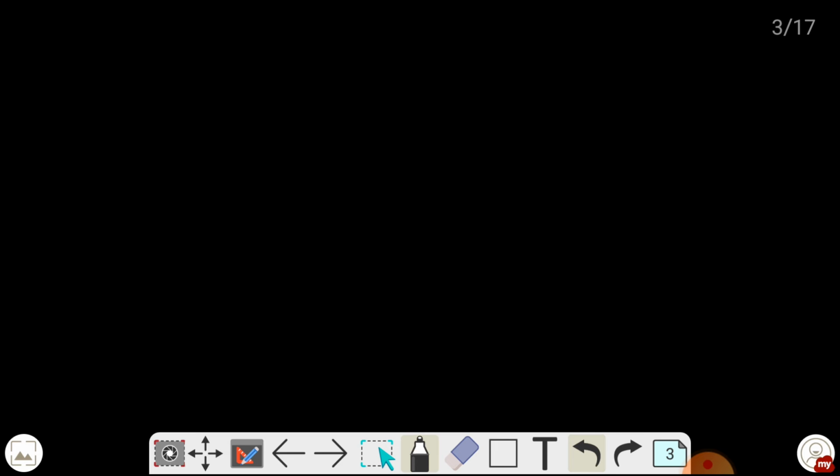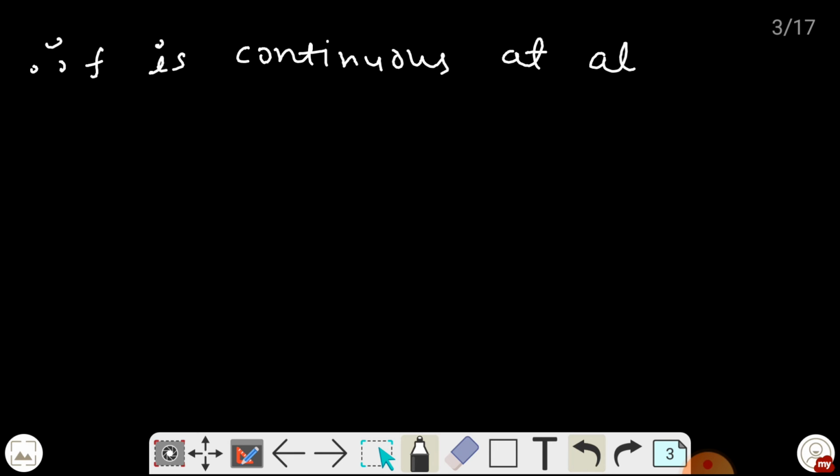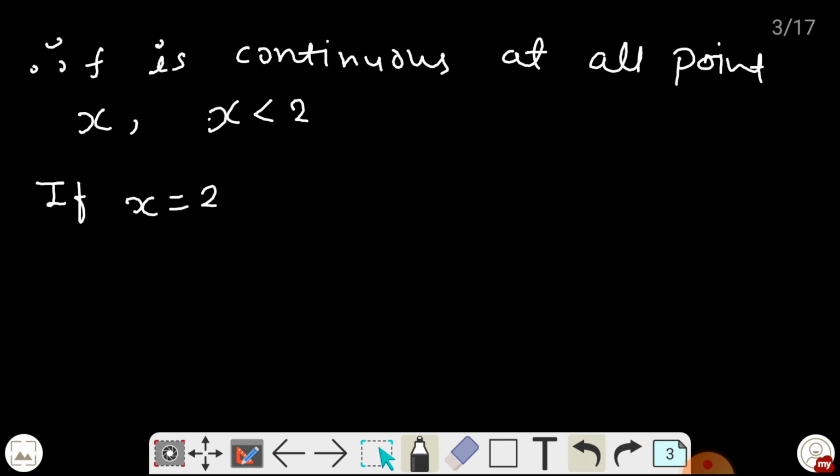So here we can write, therefore f is continuous at all points x where x is less than 2. Now what if x is equal to 2? This is our second case.